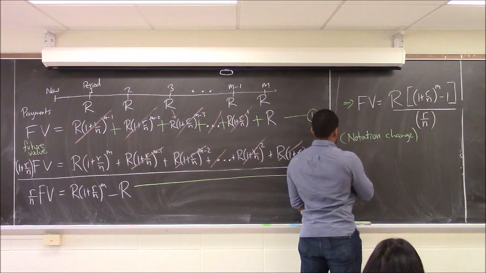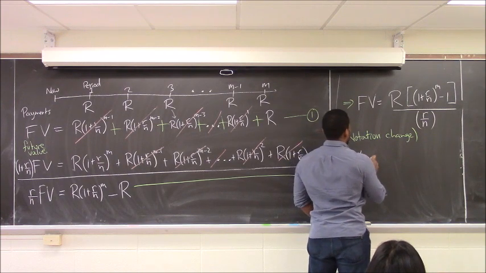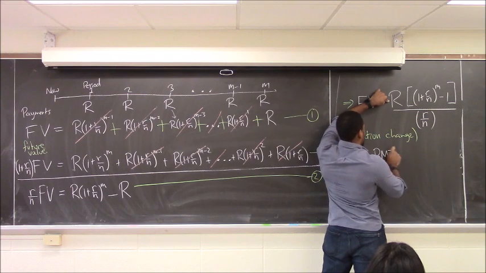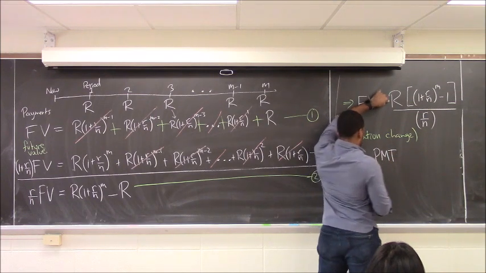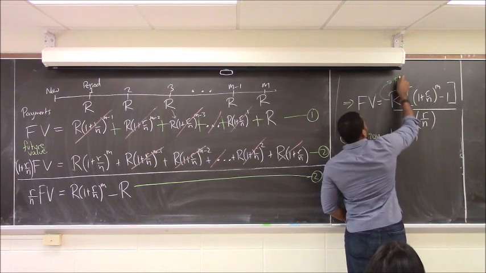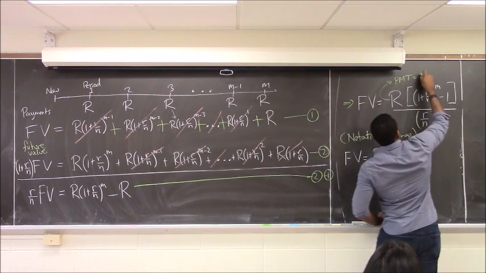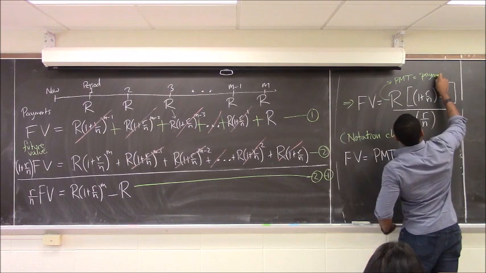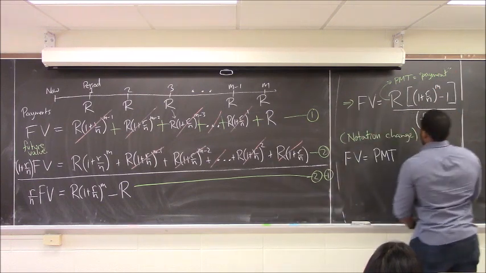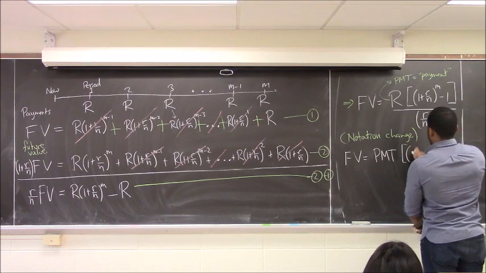So FV would end up being equal to, the R we usually abbreviate as PMT, which stands for payment. So this R is the same as PMT, which is the payments, because that's usually used. And so we'll have this.